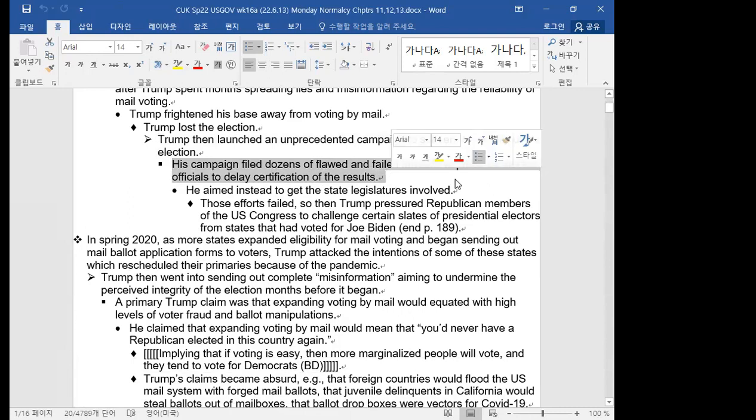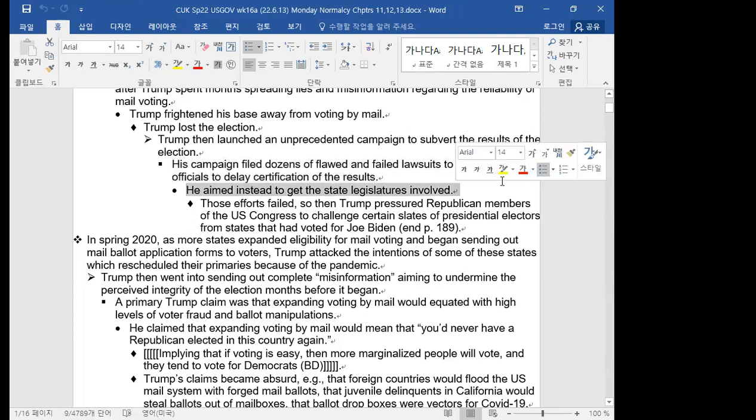So that was, again, repeated in those June 9th, 2022 committee hearings, that Trump and his lawyers filed hundreds of lawsuits, and all but one or two were thrown out as ridiculous. He aimed at claiming, of course, that there was fraud. There was no evidence. He aimed instead to get the state legislatures involved.